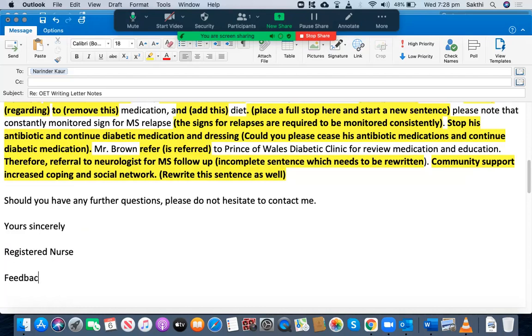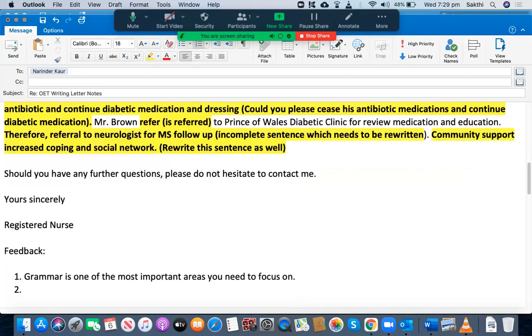As I already went through the word by word feedback, you should be able to identify what kinds of mistakes she has committed. Grammar is one of the major areas. Okay, it is one of the most important areas you need to focus on. It's very bad. Okay, so you have committed so many grammatical mistakes.